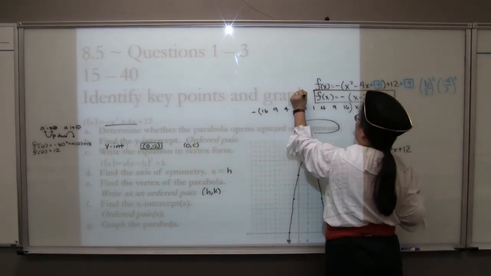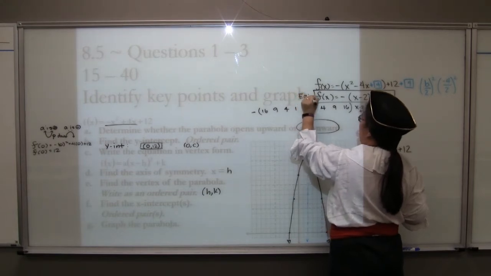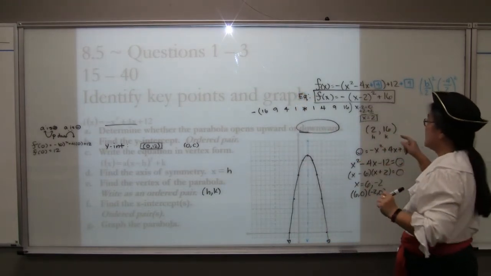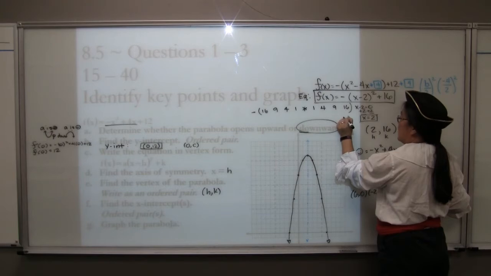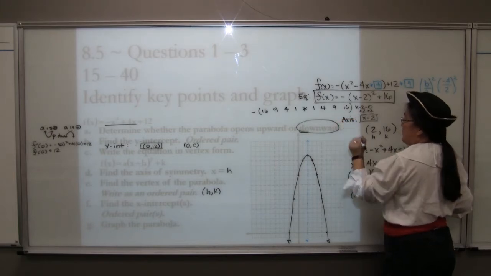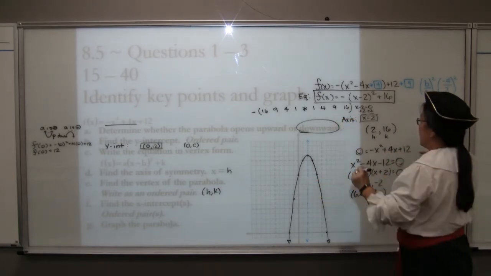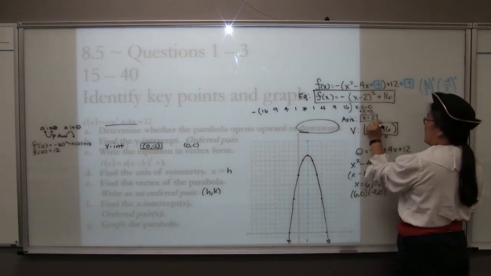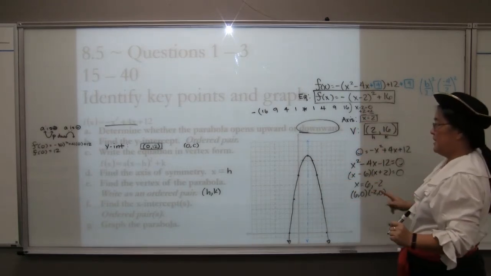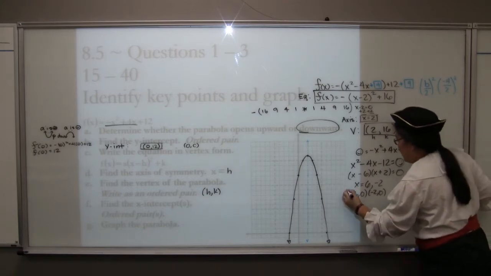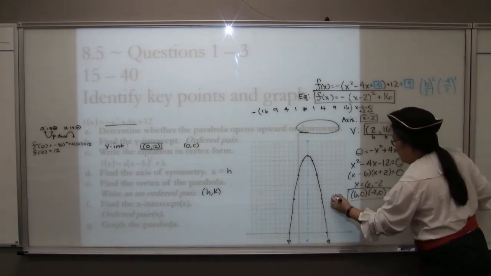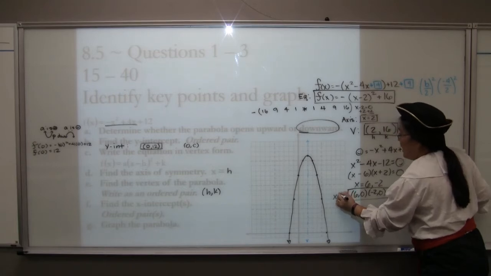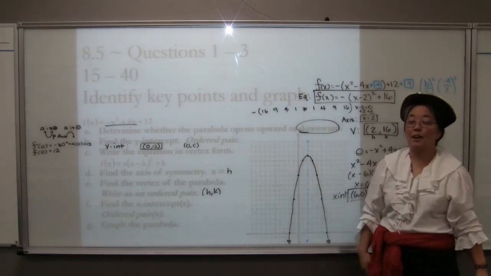Find the axis of symmetry. You might have to say, this is the axis. Find the vertex. You might have to say, this is the vertex. Find the x-intercepts. These are the x-intercepts. And last but not least, graph the parabola.